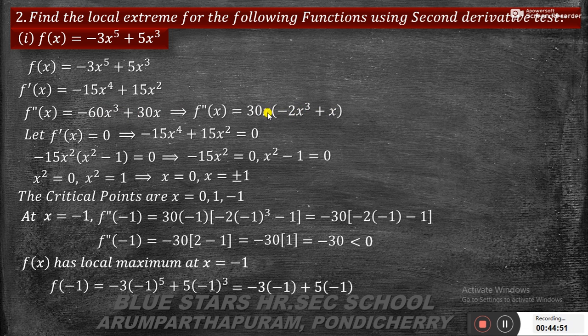So now I substitute x equal to minus 1: f double dash of minus 1 equal to 30 into minus 2 into minus 1 whole cube plus minus 1. Minus 1 whole cube is minus 1, so minus 2 into minus 1 is plus 2, then minus 1, so 2 minus 1.